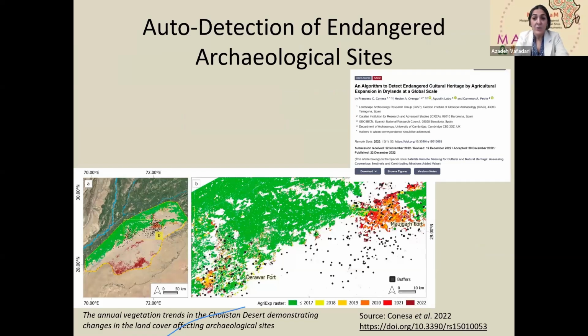Today's use of GIS is more sophisticated than manual monitoring, and it enables archaeologists to simulate and detect environmental changes over time. And this exact example shows the work done by Konetsa et al. in 2022.